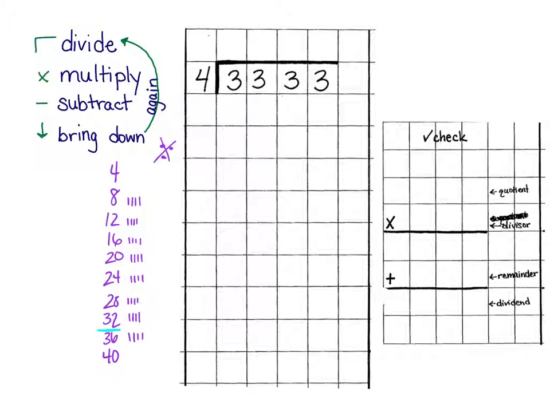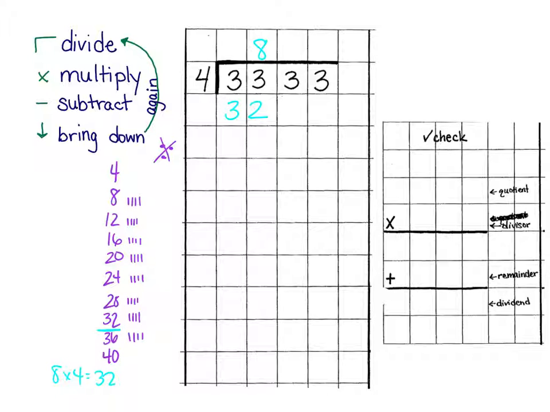So we're going to count 1 times 4, 2 times 4, 3 times 4, 4 times 4, 5 times 4, 6 times 4, 7 times 4, 8 times 4. We don't want to go over 33. So 8 times 4 is 32. So 33 divided by 4 will be 8. We can check it. 8 times 4 is 32.